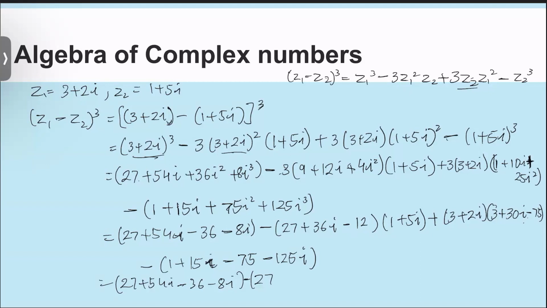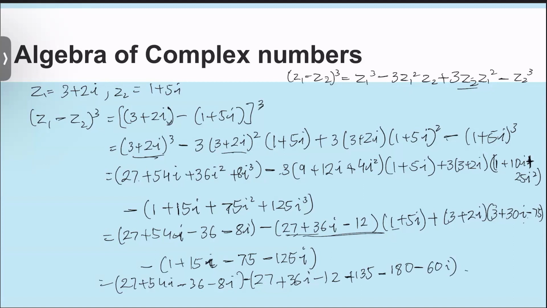Then over here, since you multiply 1 plus 5i with this larger bracket term, you get 27 plus 36i minus 12, then 5 with 27, so plus 135, and then you directly substitute for i squared when you're multiplying 5i and 36. So that is 180 and minus 60i.